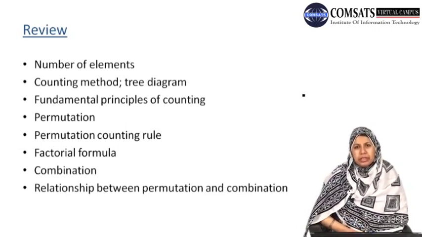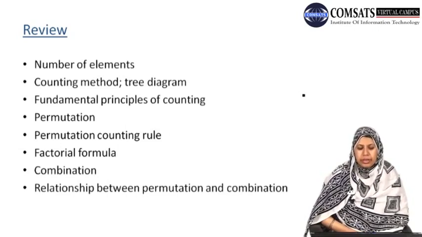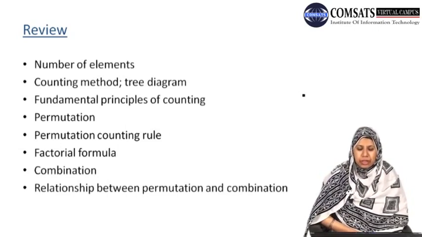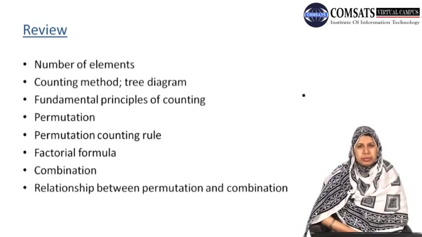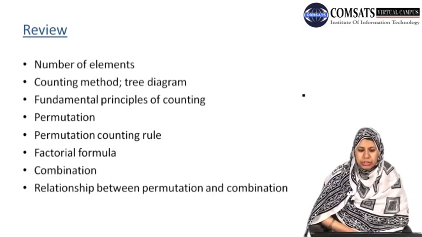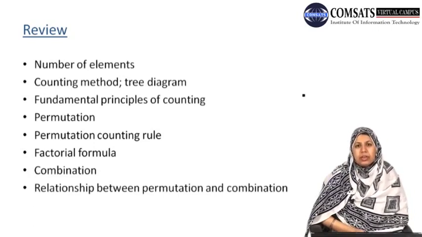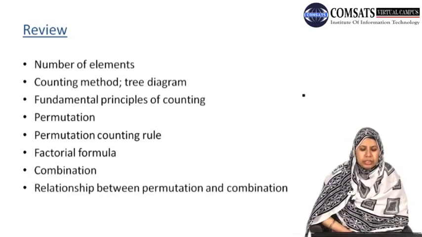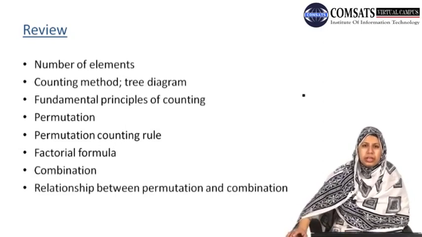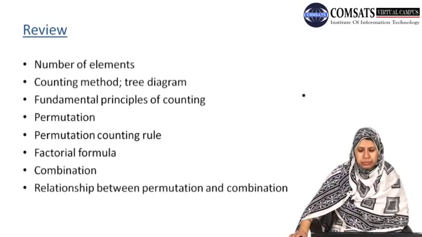The counting method with the help of the tree diagram and the fundamental principle of counting. Using this fundamental principle, we have defined the permutation and the permutation counting rule. Then we have studied the factorial notation or the factorial formula for the permutation method and the combination method, which we have obtained by using the relationship between the permutation and the combination.